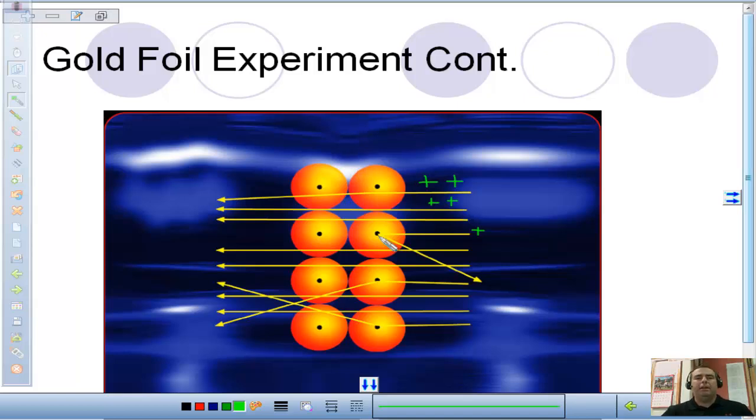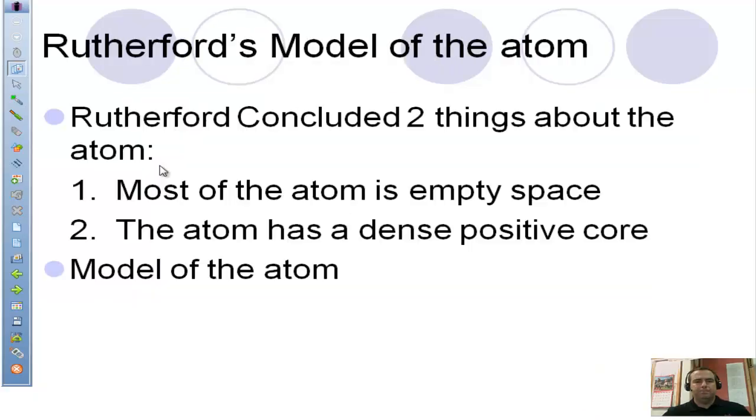So instead of the positive being all spread out, he thought that it had to be condensed or compact in the middle and not completely spread out. So he came up with 2 conclusions. The first conclusion, because most of those particles went straight through, he said most of that atom was empty space. Now, the second one was the big one, and he said that that atom has a dense positive core.